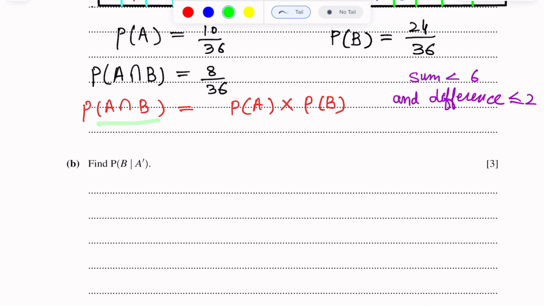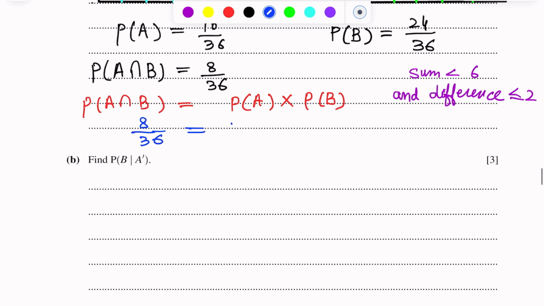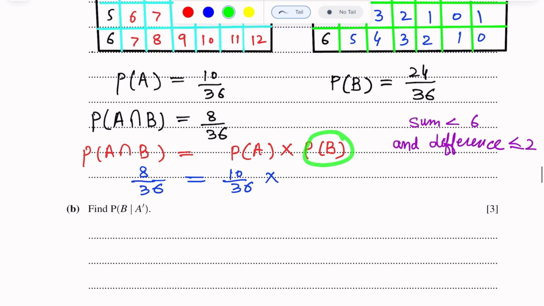We write here 8 over 36 is equal to PA, probability of event A is 10 over 36. Probability of event B is 24 over 36.